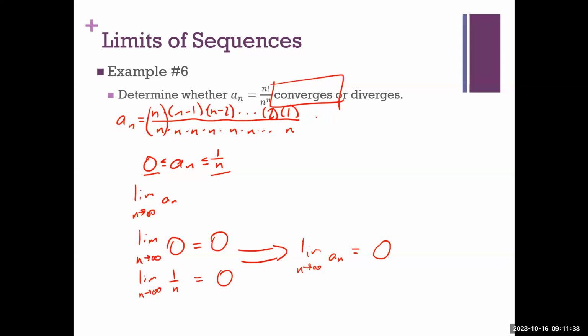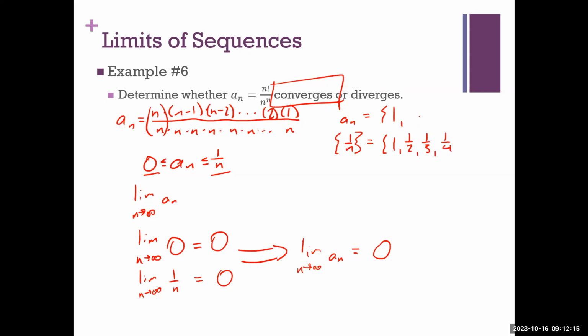Okay, so if I rewrite this, let's look at a couple of terms. Let's write out the first few terms of a sub n and the first few terms of 1 over n. What's the first term of a sub n? 1. And 1 over n? 1. These are way easier to write out, right?